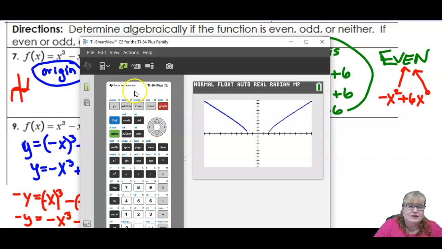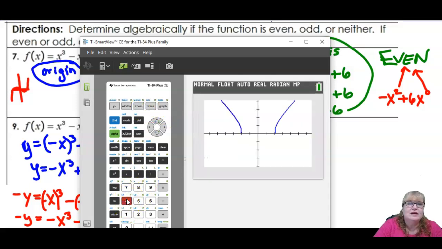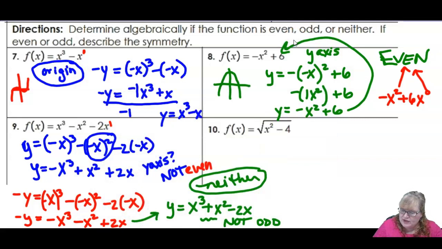It's a very misleading graph, honestly, because it does go all the way down and touch right here. I think maybe if we did a zoom decimal, we would be able to see that. Really doesn't matter. The bottom line is it looks like it's flipping across the y-axis, so it appears to have y-axis symmetry. The test for y-axis is replace x with its opposite.